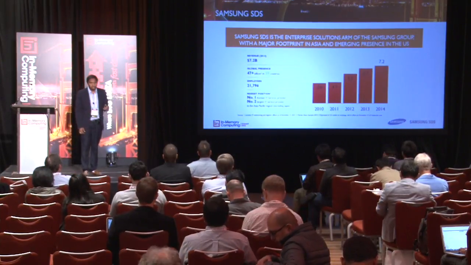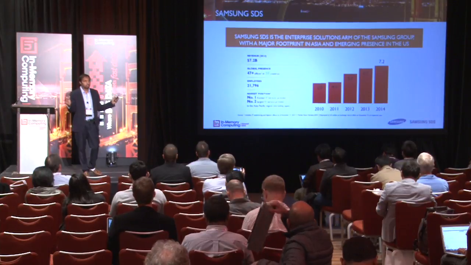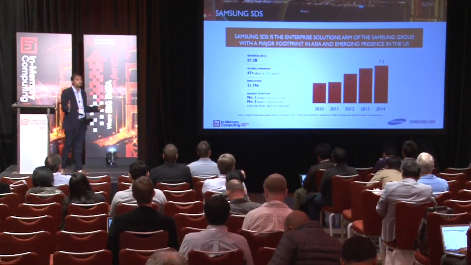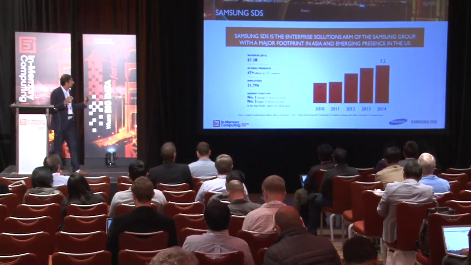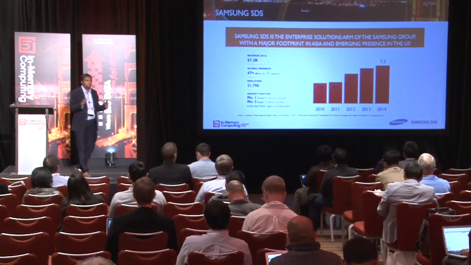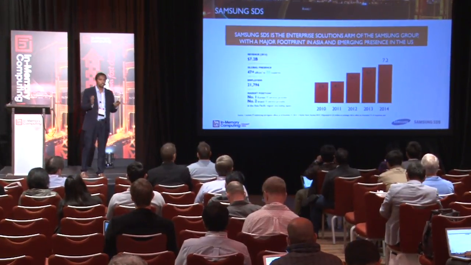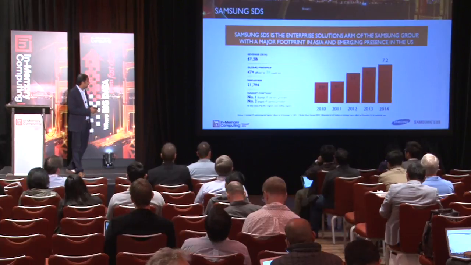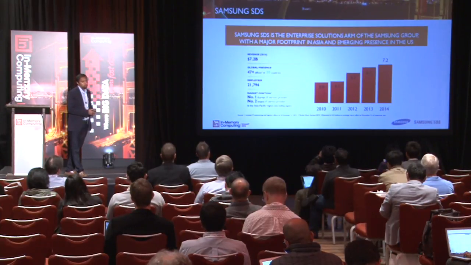Samsung SDS is a part of Samsung Group, the enterprise solution arm of the Samsung Group, and it has a major footprint in Asia. It's the number one IT services provider in Korea, and it has about 21,000 employees.